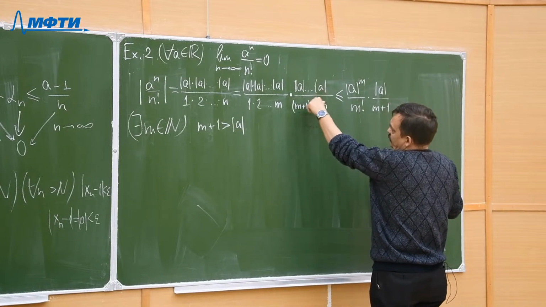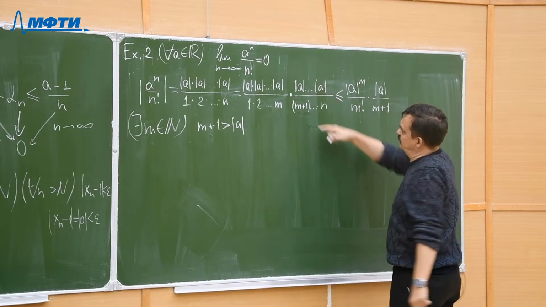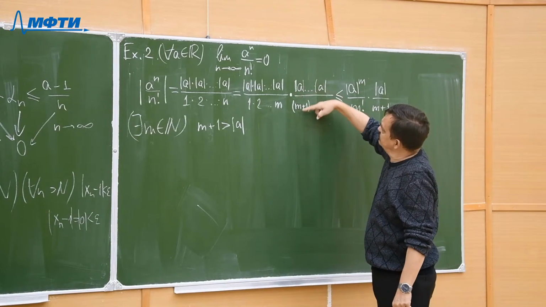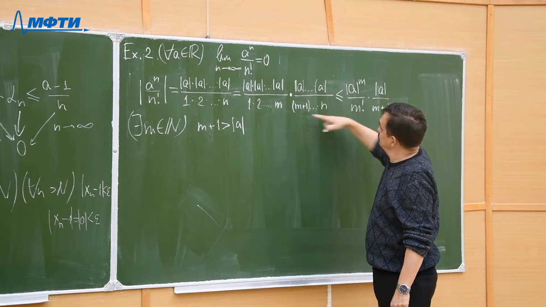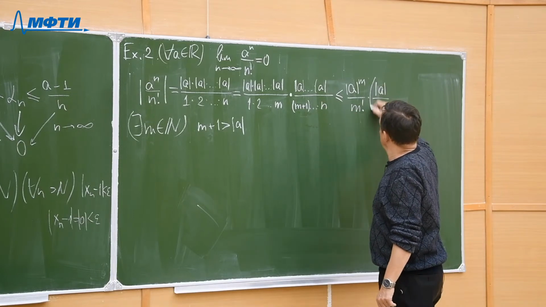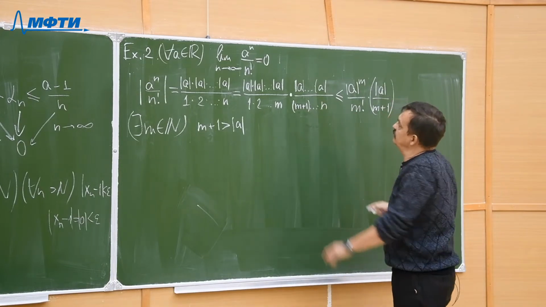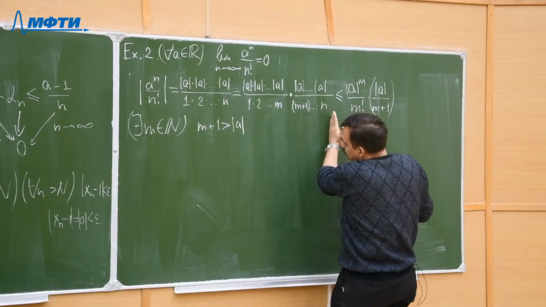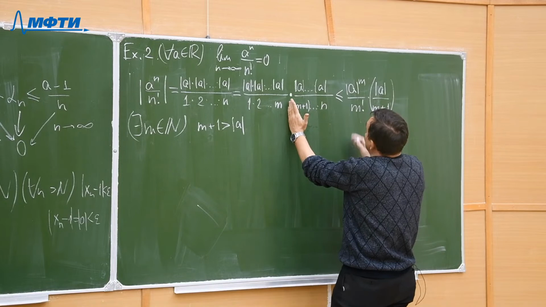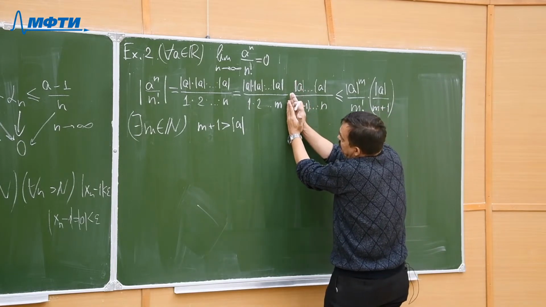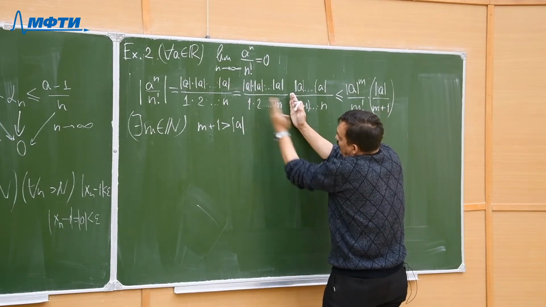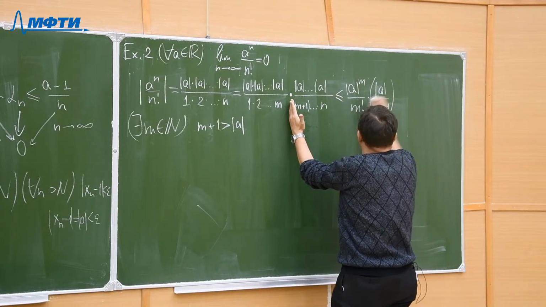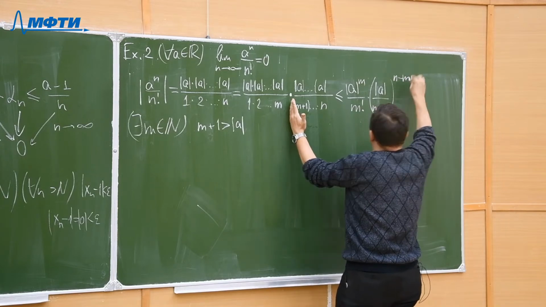So every term in our product is replaced by the same term, this one. So how many terms do we have here? Altogether we had n terms. We split: m terms, and the rest contains n minus m terms.